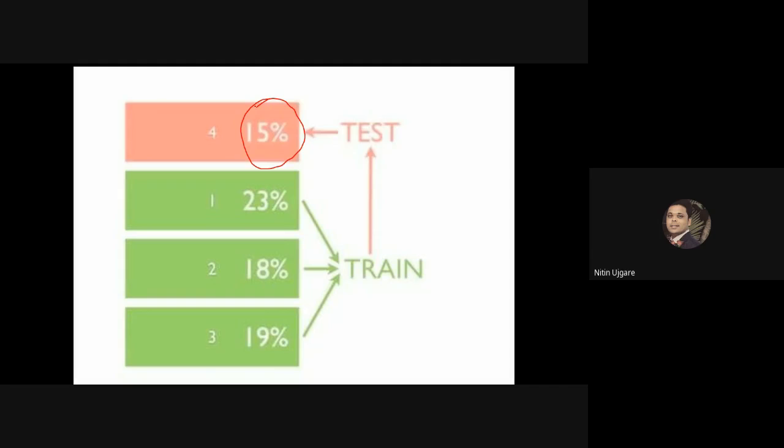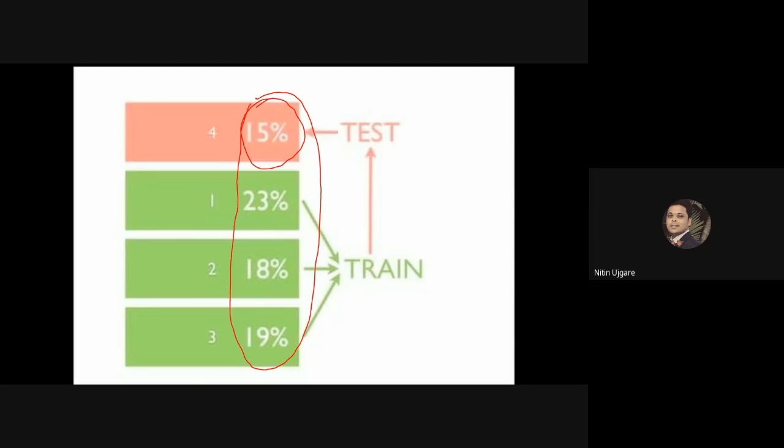Now we have to find out the cross validation error for the one nearest neighbor machine learning algorithm. Now how do we find it? The cross validation error for the one nearest neighbor method would be nothing but the average of all these errors.